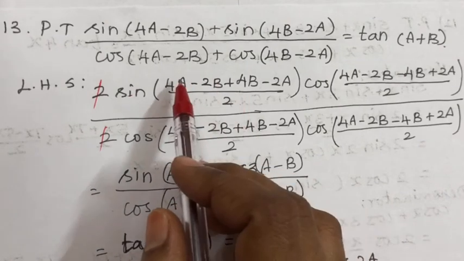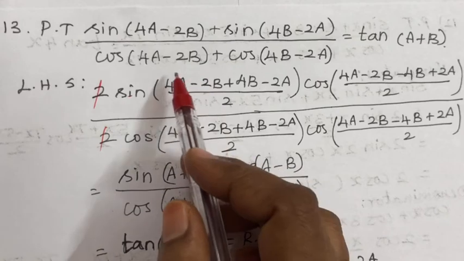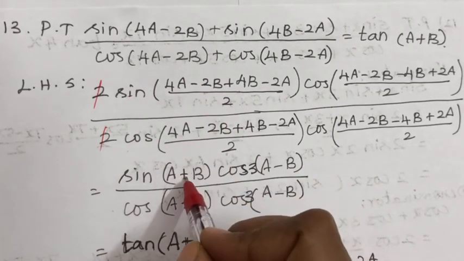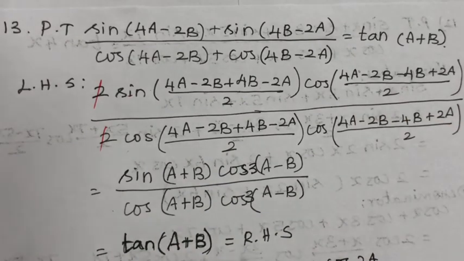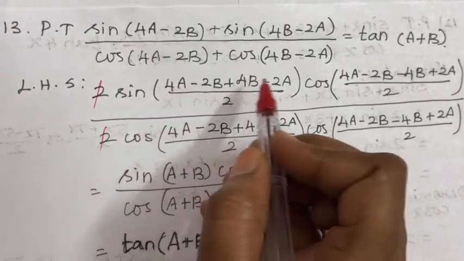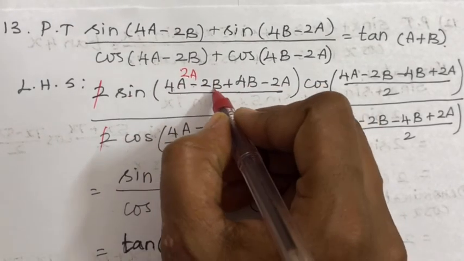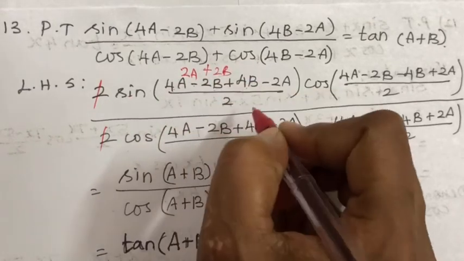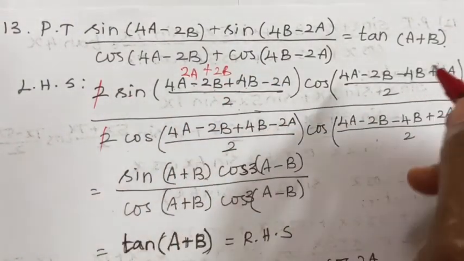So 2a plus 2b, let's take 2 outside and this 2 will get cancelled, so that will become a plus b. Similarly here, shall I explain once? 4a minus 2a, so 2a. Similarly minus 2b plus 4b, that is plus 2b. So 2a plus 2b by 2, 2 will get cancelled, so it will become a plus b.